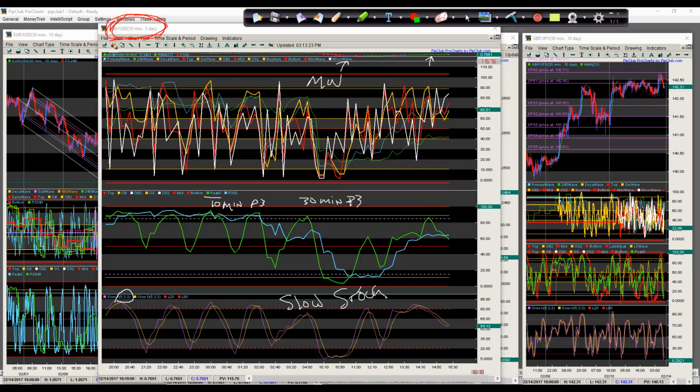Does that make sense? So sometimes you get a little bit better recognition of what's really going on in terms of the waves. And it can help you trade for sure. But here we're looking at 10-minute and 30-minute relationships.